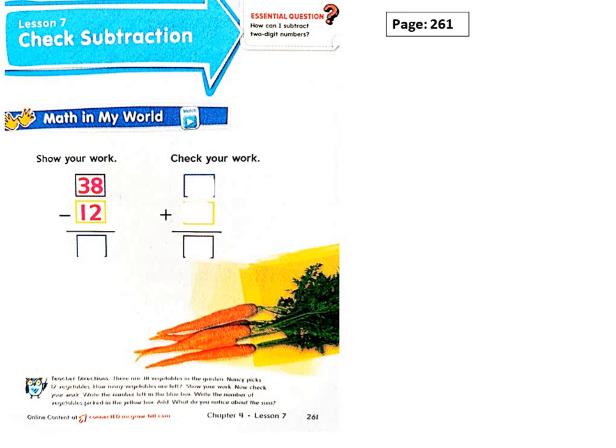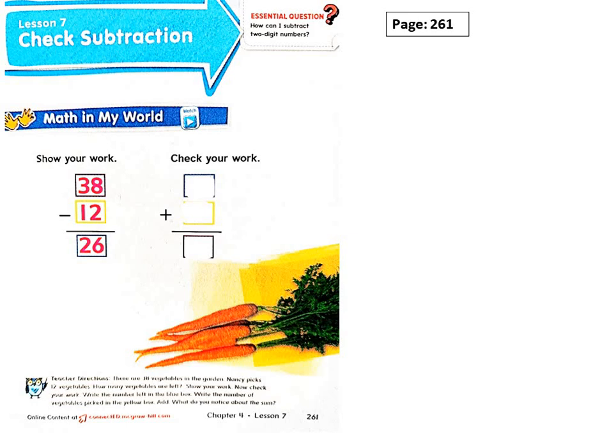Do you have to regroup, grade 2? Of course, no, because we have enough ones. So 8 minus 2 equals 6, and 3 minus 1 equals 2. So the difference is 26. Great job, grade 2. So there are 26 vegetables left in the garden.